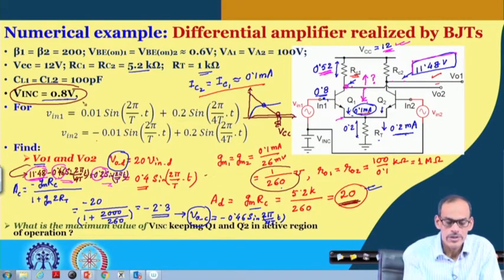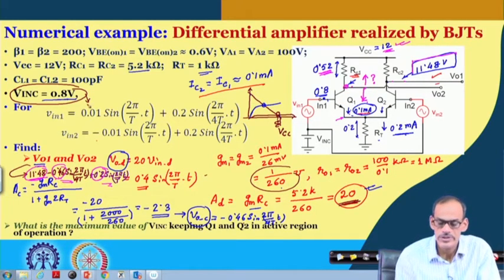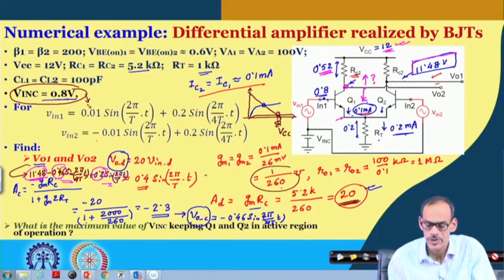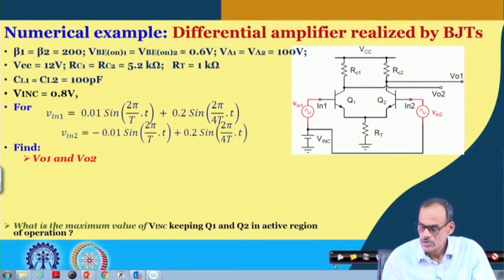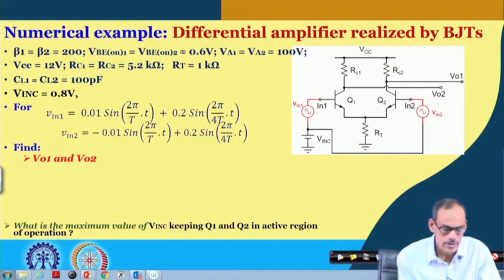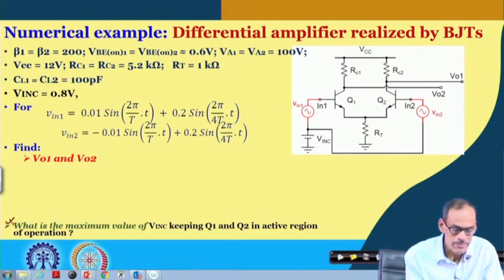So, definitely if we lower this VinC, it will have an even more severe problem. On the other hand, let us try to see what may be the upper limit of this VinC. So, this is the exercise we can try.